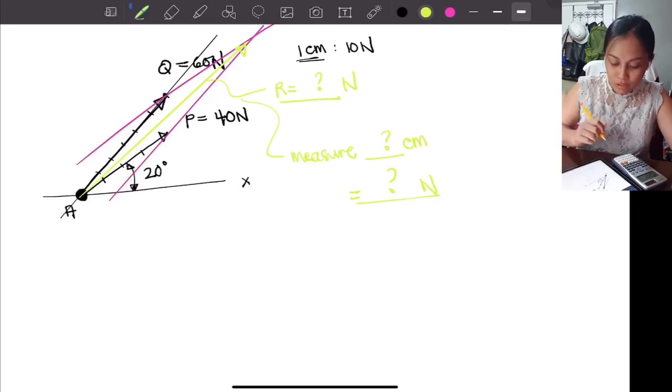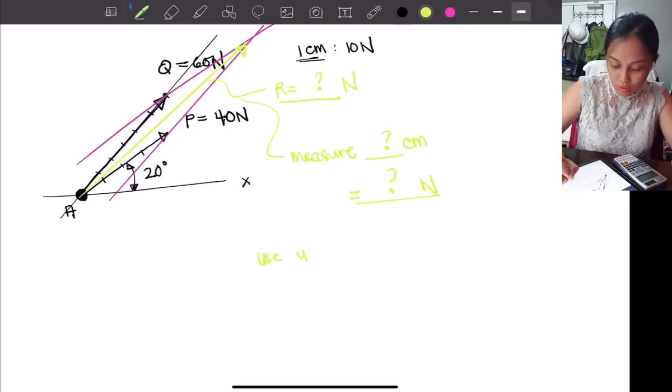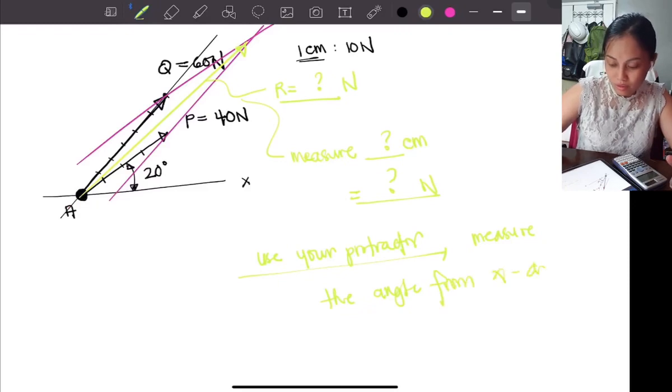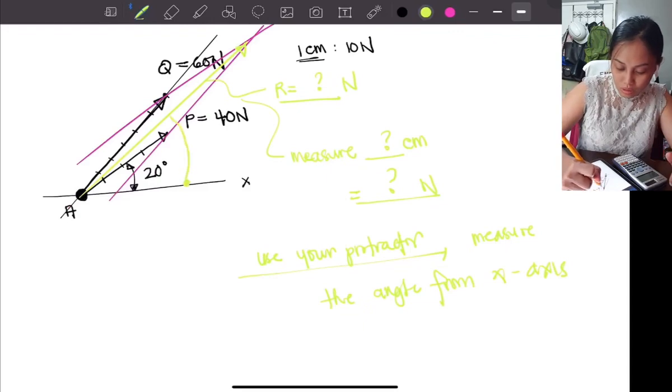After which, use your protractor and measure the angle from the x-axis to the resultant force.